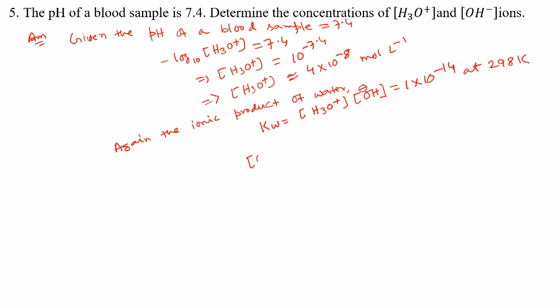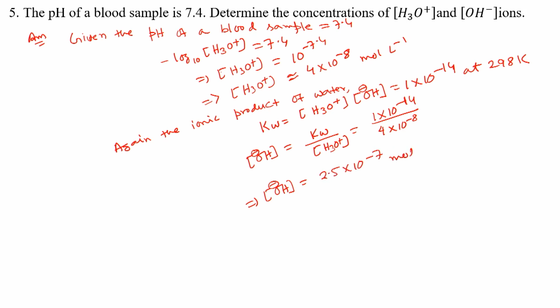So, concentration of OH minus will be Kw by concentration of H3O plus. Now, we put the value of H3O plus here. So, numerator will be 1 times 10 to the minus 14 and the denominator will be 4 times 10 to the minus 8. So, we get concentration of OH minus is 2.5 times 10 to the minus 7 moles per liter.